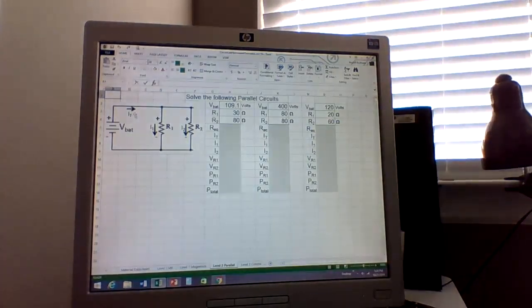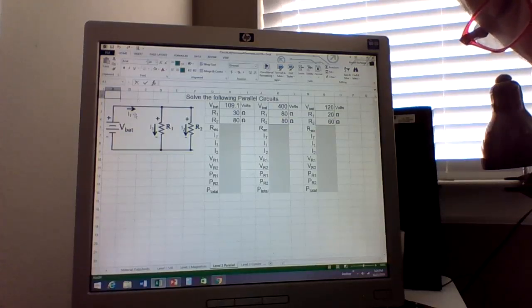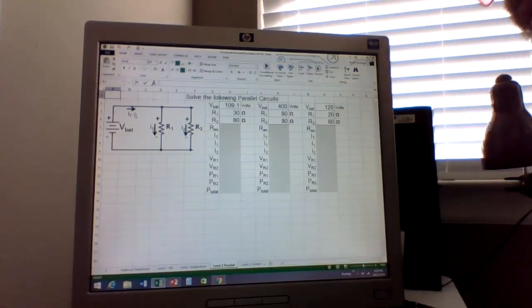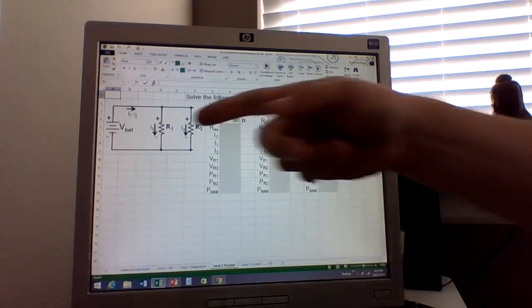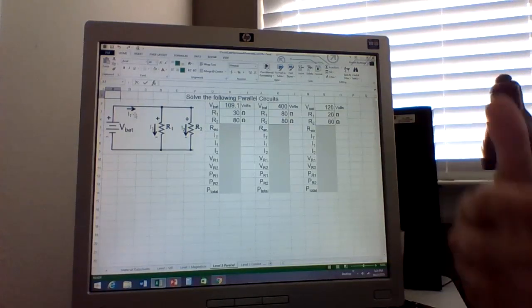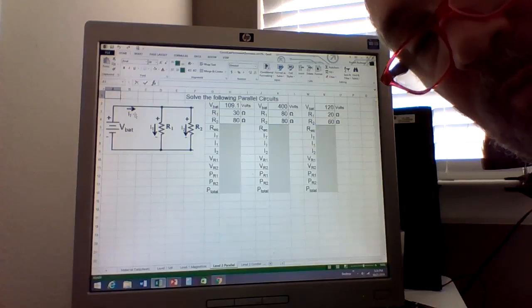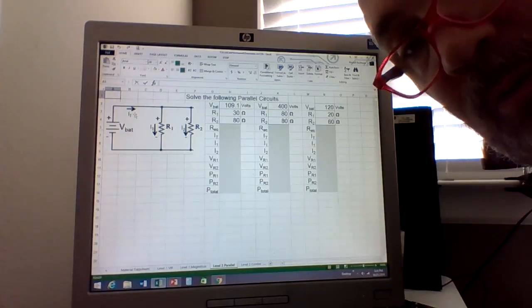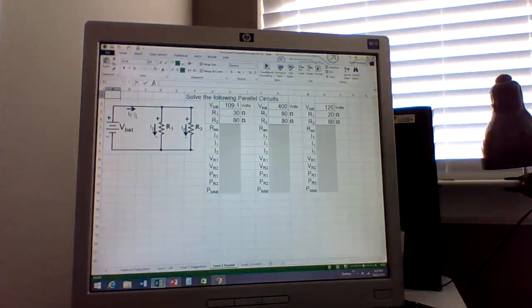Okay? Now, we also gave you the equation for power. So the total power coming out of this battery is equal to what times what? Please write it down. What is the total power coming out of the battery equal to? V times I, that's correct.